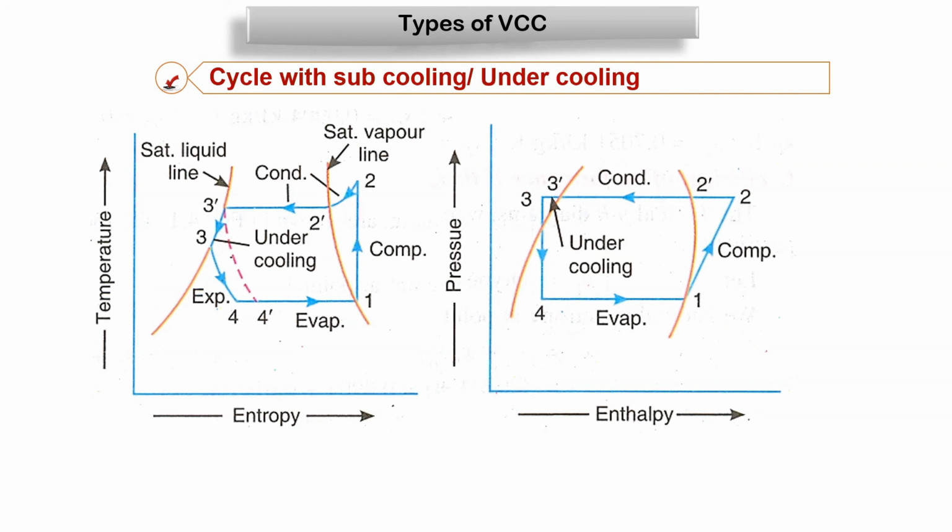So that is the main advantage, and that is the reason why we use the vapor compression refrigeration system in window AC, split AC, and domestic refrigerators. Then the next point: the air cooling system cannot be applied for a wide range of temperature, but the vapor compression system can.